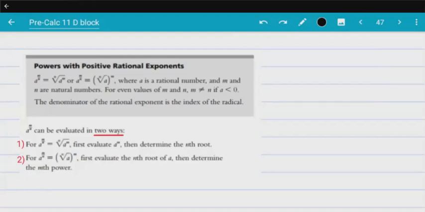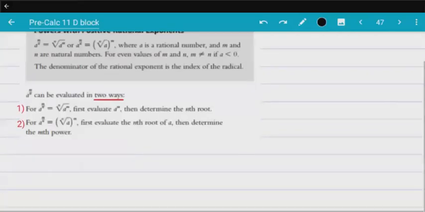Meaning, you will evaluate the radical with the exponent given and then get the root, or you can do the root first and then get the power in the end. Okay, so let's look at how the first method works.